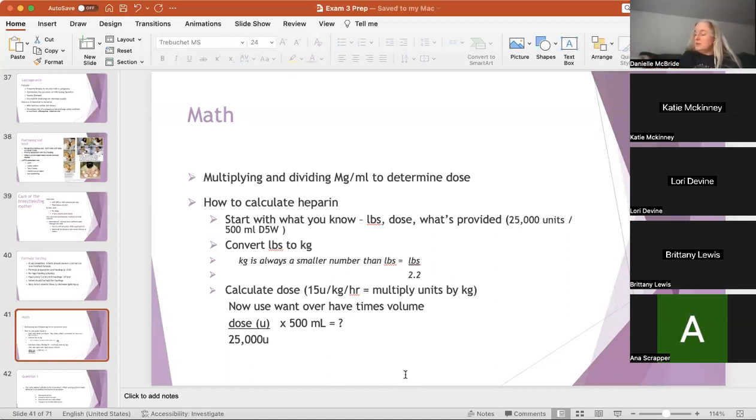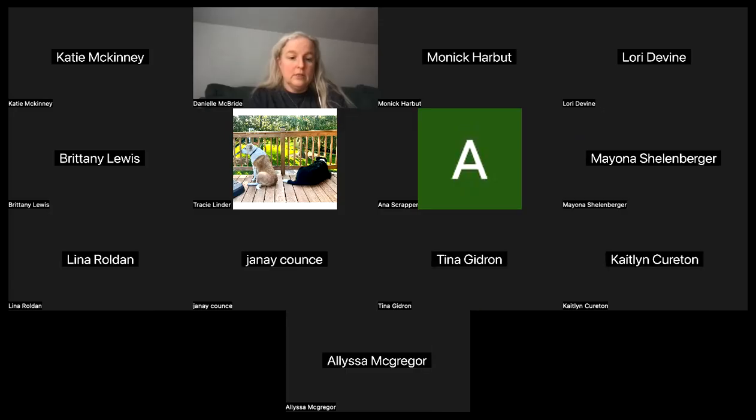So let's just look at this heparin one real quick. Start with what you know. So this is whenever I look at a map, let me find one so that I can show you what we mean. Hold on one second. Heparin map.